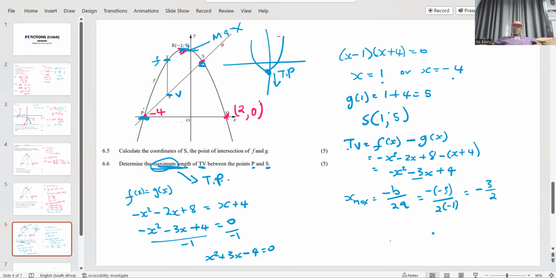So for the distance, I'm going to say g. That is the x value.